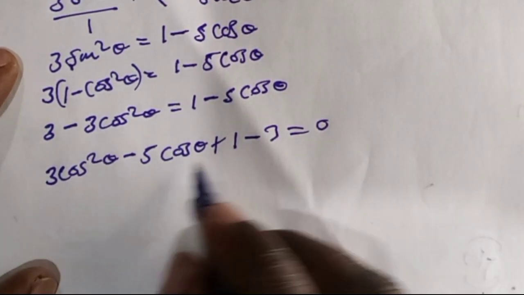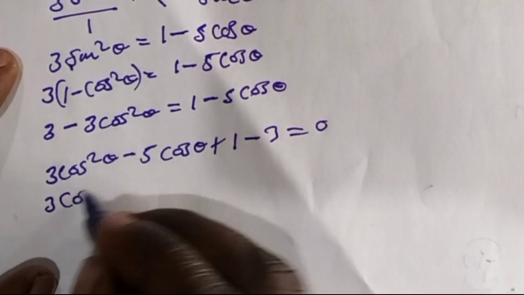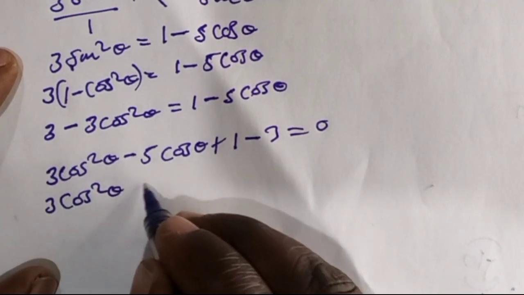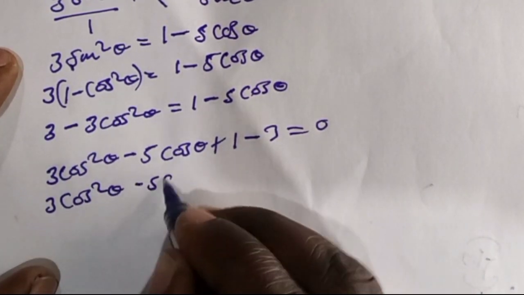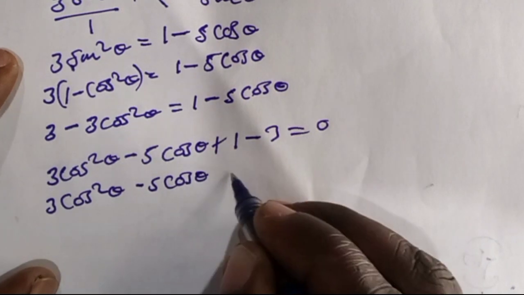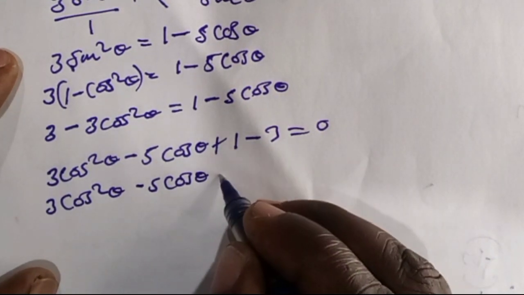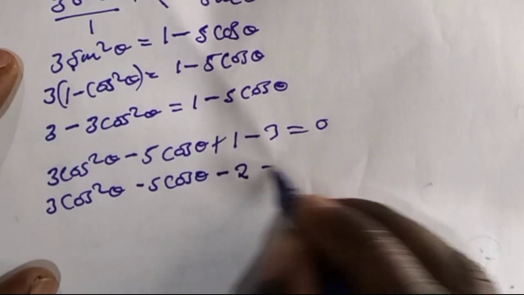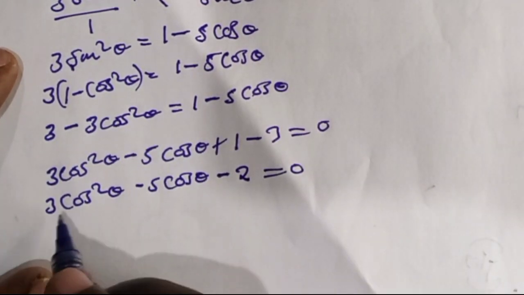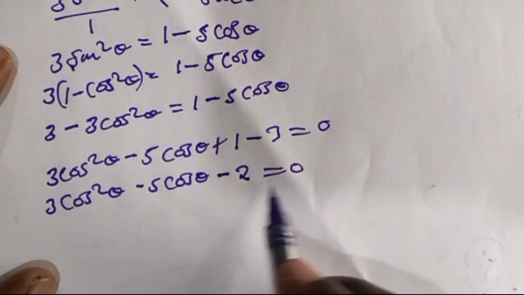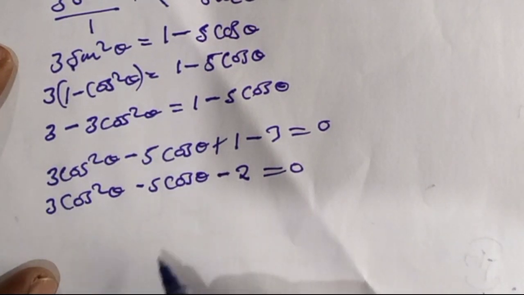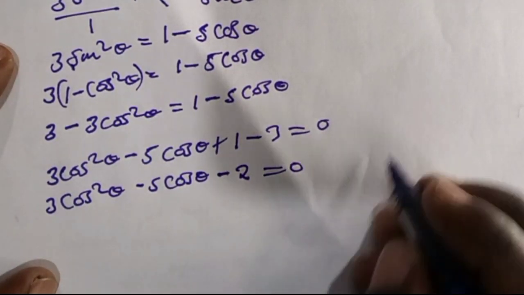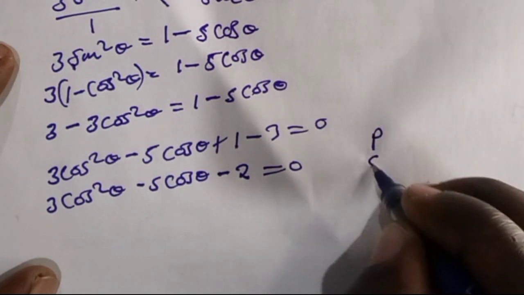Then we have 3 cos squared theta minus 5 cos theta, then 1 minus 3 is minus 2, which equals 0. This is a quadratic equation, so we have to look for the product and sum.